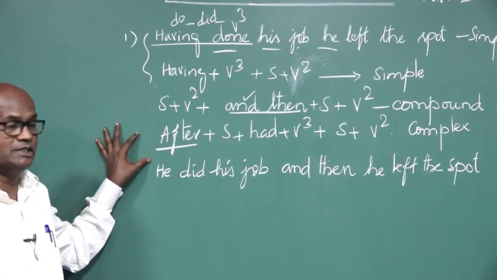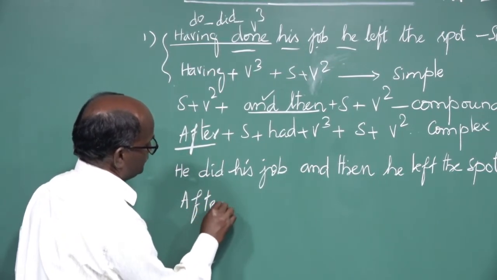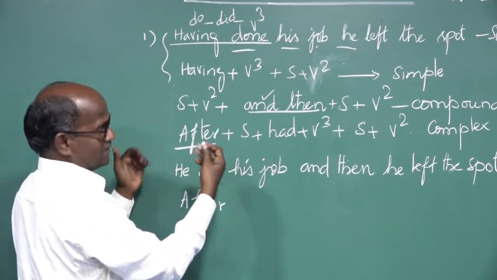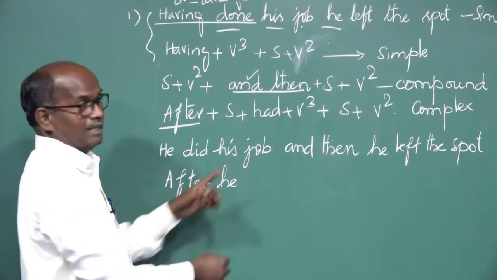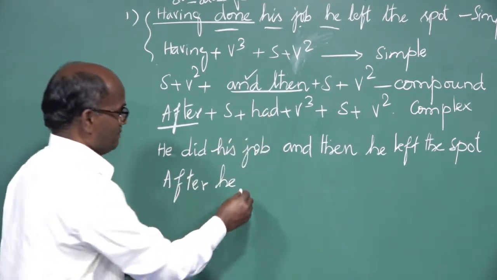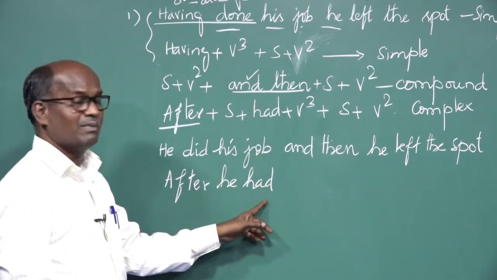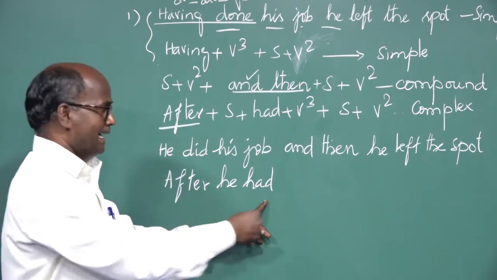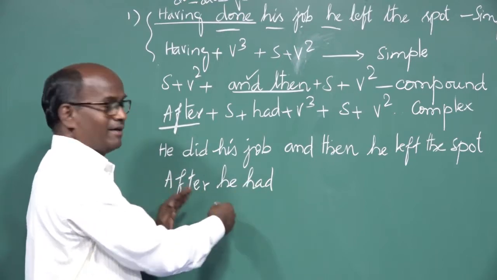Now we are going to change it into complex. According to this pattern, we must write after the subject 'he' the past perfect auxiliary verb 'had'. We used past perfect. Comparing the two actions, the earlier action takes 'had' with it.